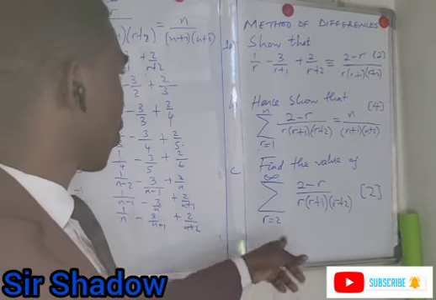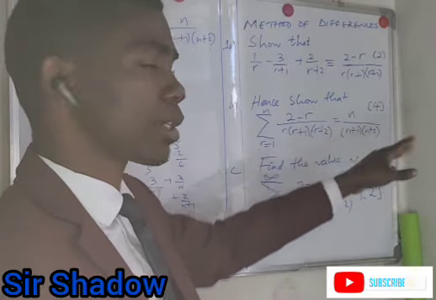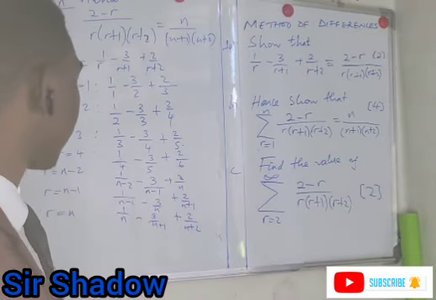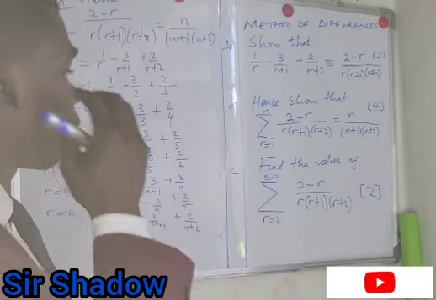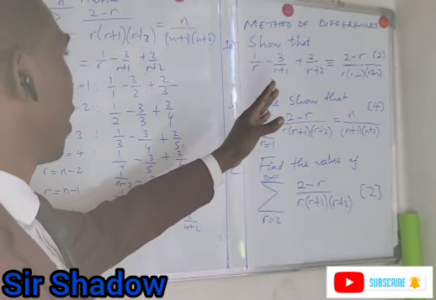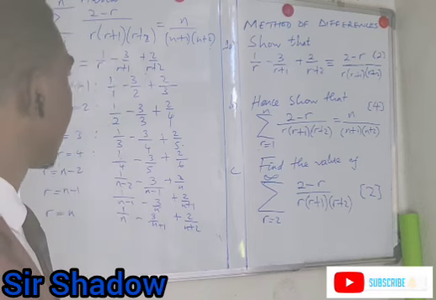Since we're asked to show that this expression is equal to n over n plus 1, n plus 2, we have to check the pattern. We want to check the sequence of the pattern, so that we show this expression is equal to this expression, right?